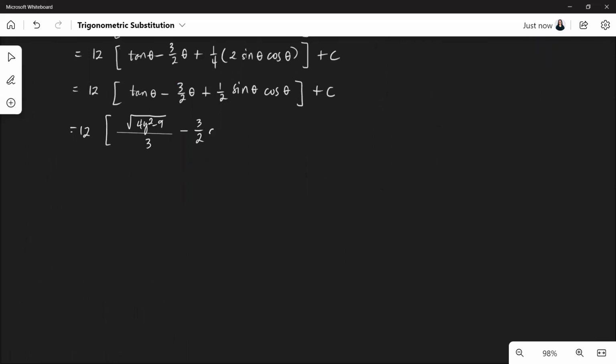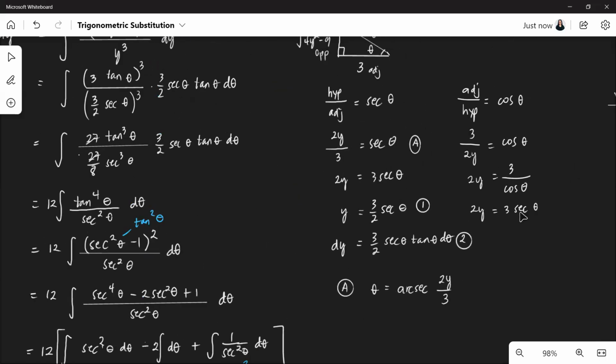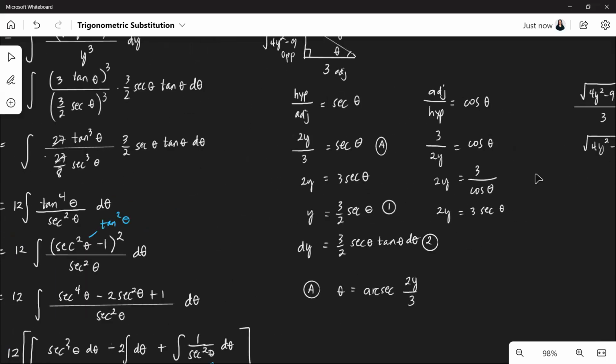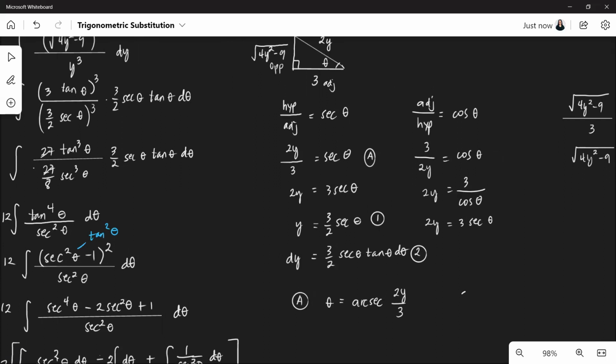So arc secant of 2y over 3, and then plus 1/2 times sine theta, which is opposite over hypotenuse. So that's right. Sine theta: the opposite side is square root of 4y squared minus 9, and then the hypotenuse is 2y.